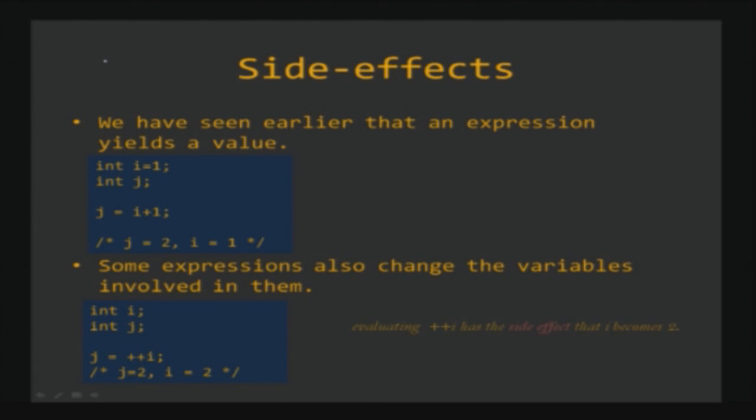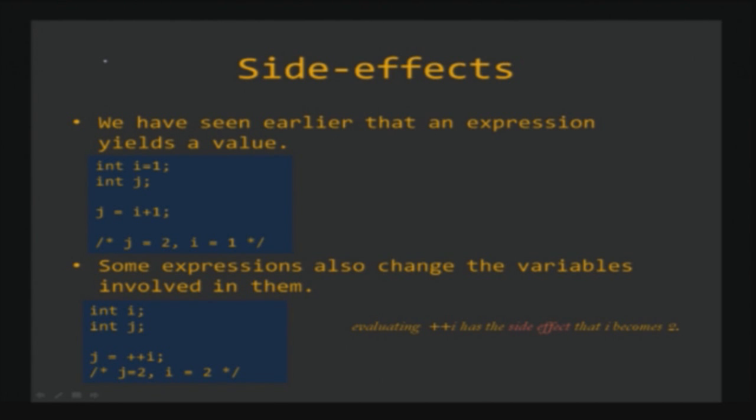So, evaluating the expression plus plus i has the side effect that i becomes 2. It not only takes the value of i, increments it by 1 and gives it to j, it also has the additional effect that i's value is incremented.